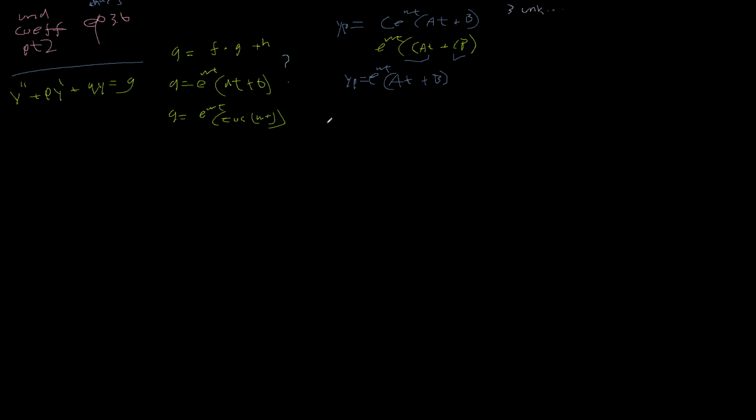So in this case, the particular solution is, we could do e to the omega t and a cosine alpha t, suppose this is alpha, plus b sine beta t.